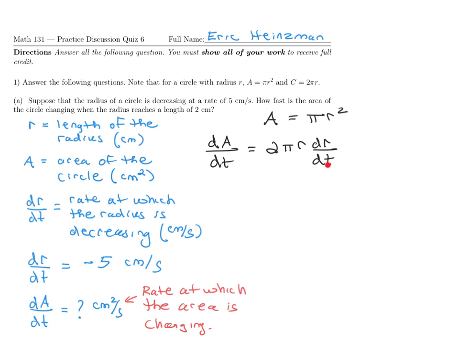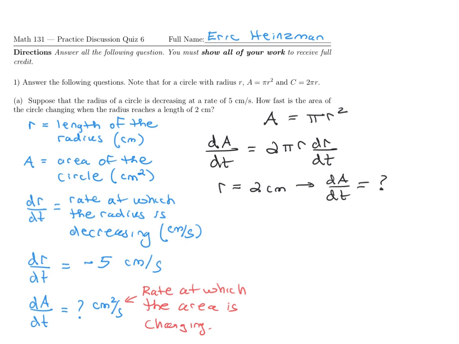And this dr dt comes out by the chain rule. Once you have this expression, we've connected this to this, but it also depends on r. In this case, we're asked about when r is equal to 2.